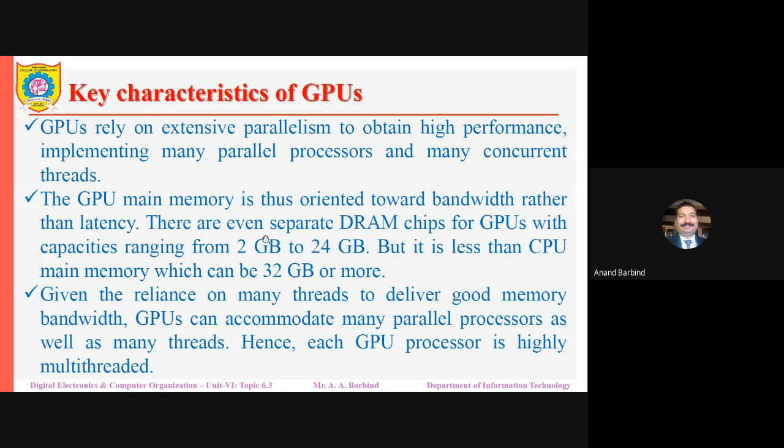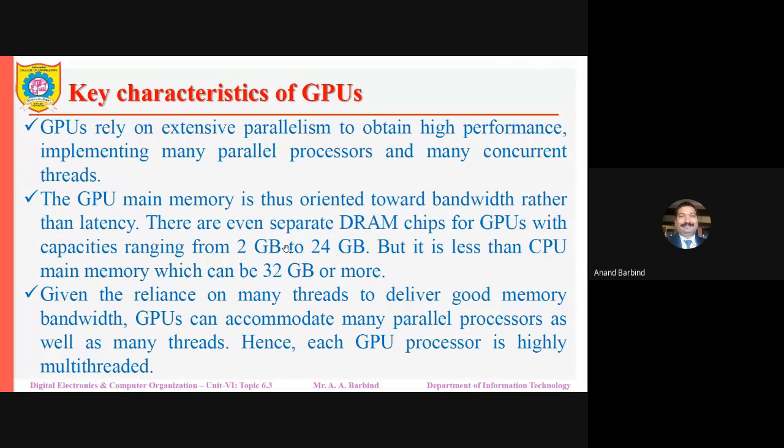But this graphics memory, of course, is less than the main memory used by the CPU, and nowadays CPUs are using internal memory of 32 GB or more. Typically in laptops today, we have 4 GB or 8 GB or 16 GB of memory.